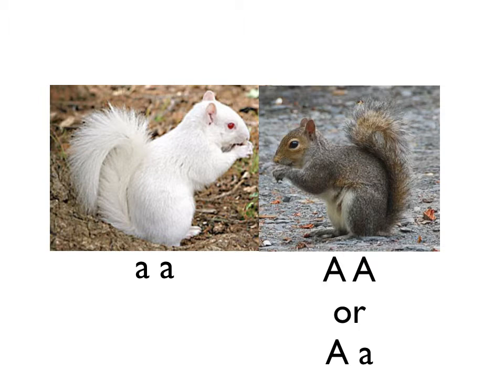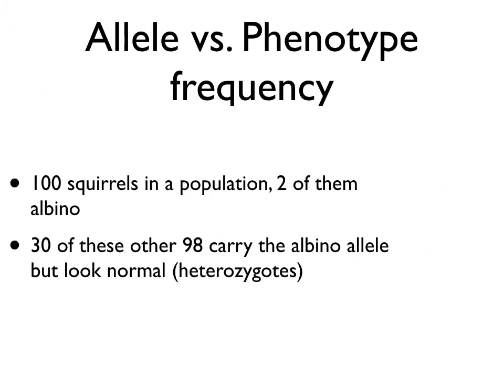Notice that there are two different phenotypes here, but there are three different genotypes, two of which provide the same phenotype. So we're going to talk a lot about allele frequency and genotype frequency in this chapter. Let's just use an example with the squirrels real quickly. If there are 100 squirrels in the population on the campus and 2 of them are albino, I've given you some information there, and I've given you a frequency.